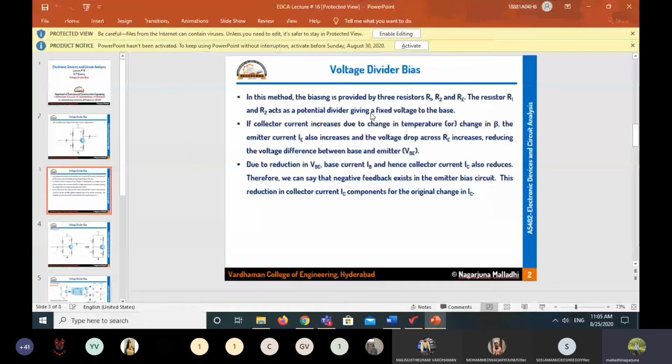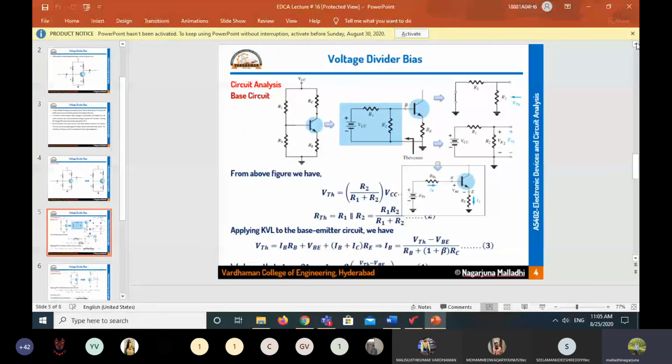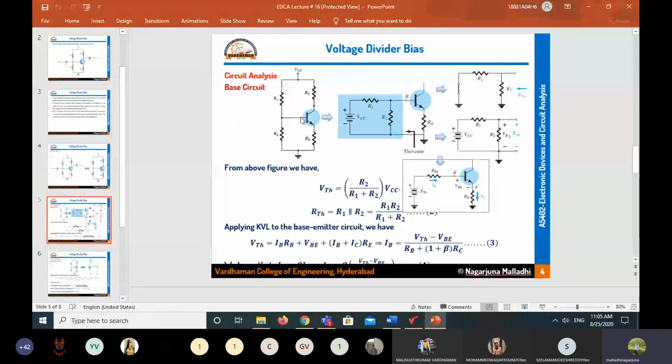Yes, this is how we calculated. This is how we converted. This is the voltage divider bias network here. From this we converted, and finally we came to here like this.